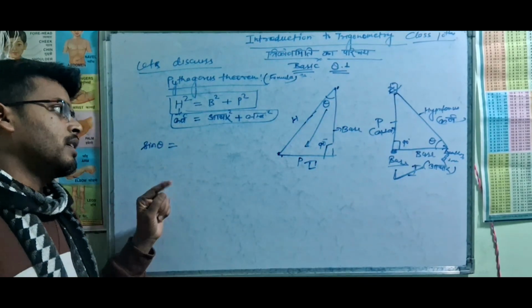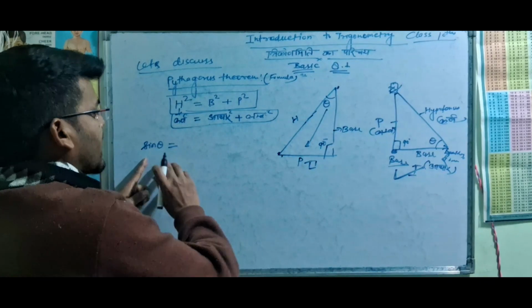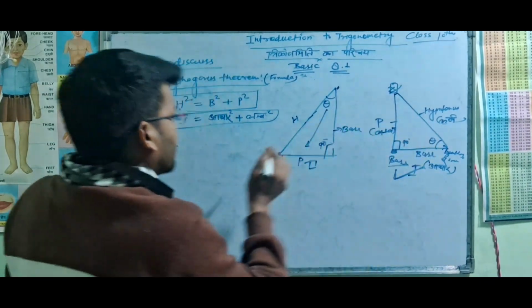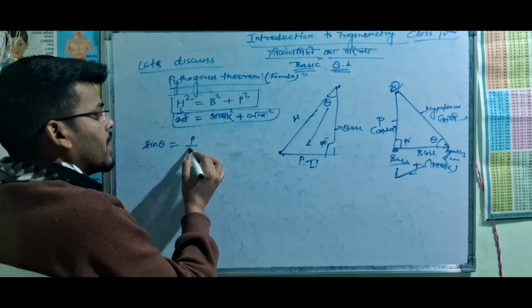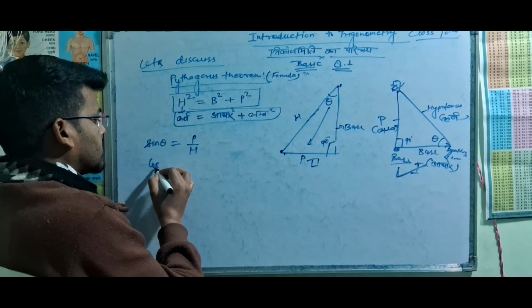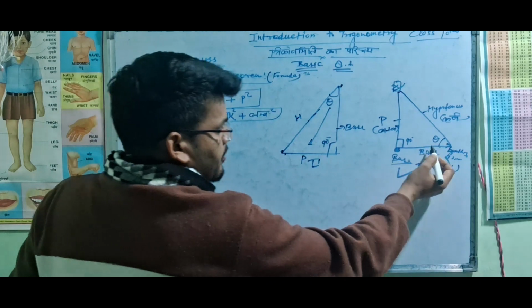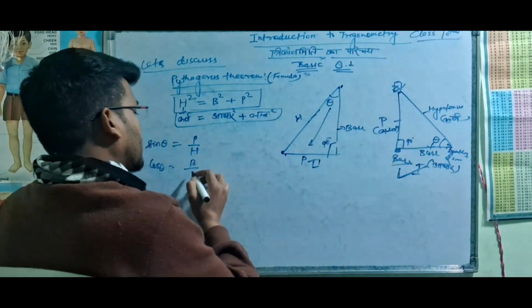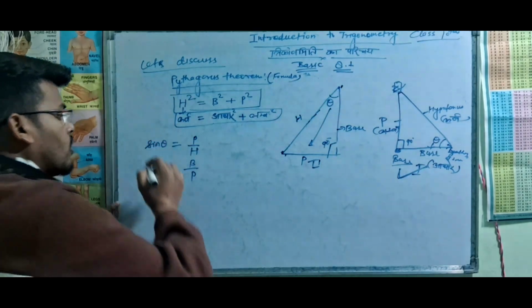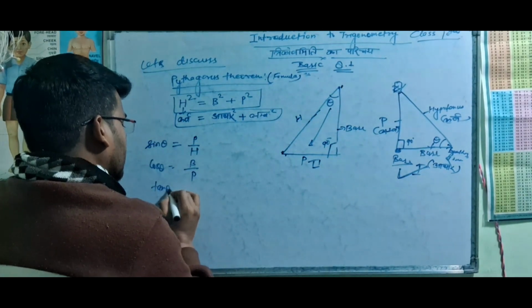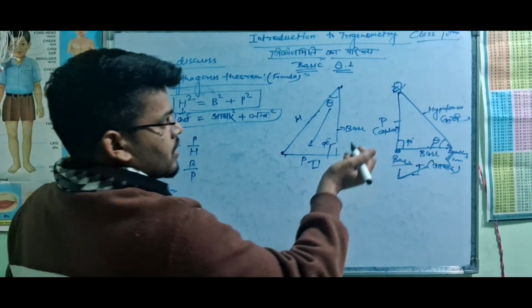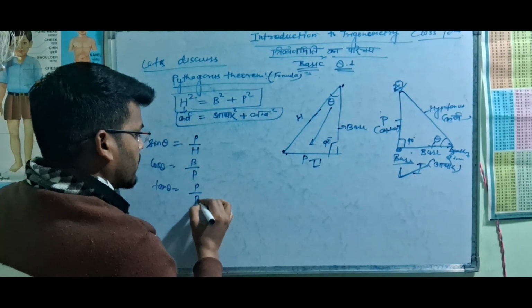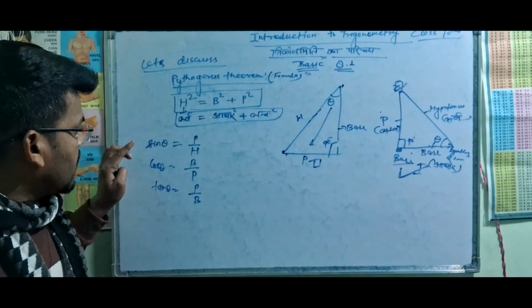Sin theta means perpendicular upon hypotenuse, P upon H. P means perpendicular, H means hypotenuse. Cos theta means base upon hypotenuse, B upon H. Sin, cos. Now another one is tan theta. Tan theta means P upon B, right?